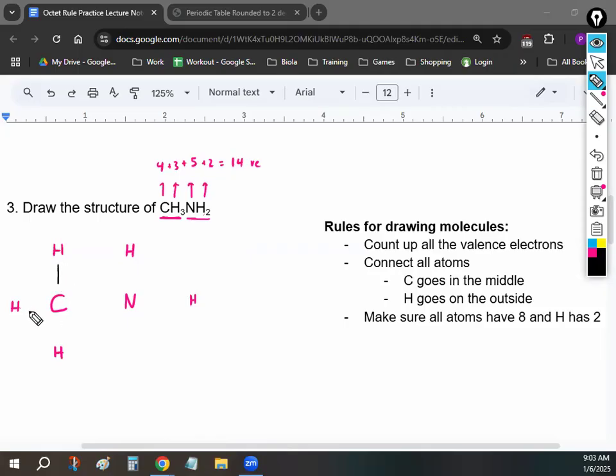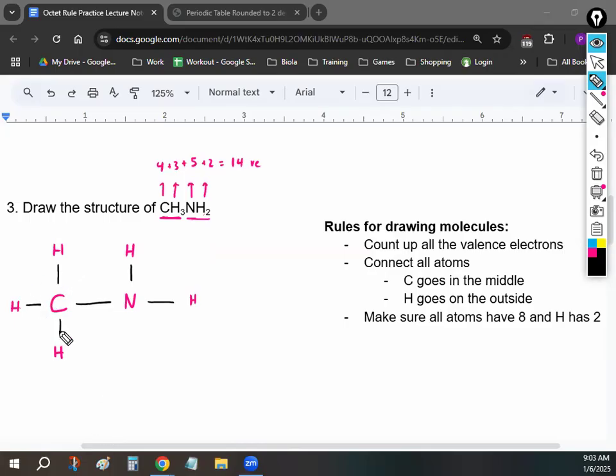So let's draw the line. So I'm going to draw 1 line, 2 line, 3 line. Okay, another line and another line. This is what it's telling us. Okay, but if you guys remember, it's 1 molecule, so everything needs to connect. So we need to connect the carbon and the nitrogen as well. So let's count up our lines.